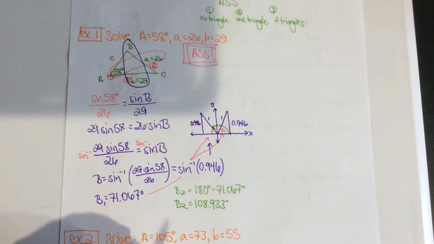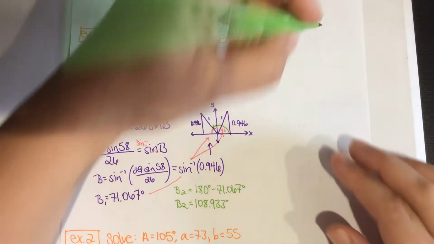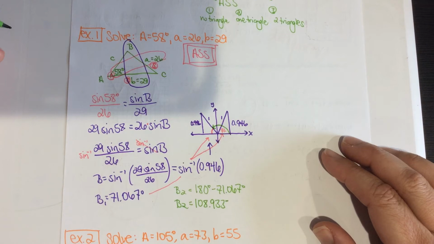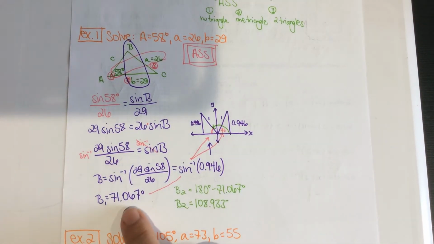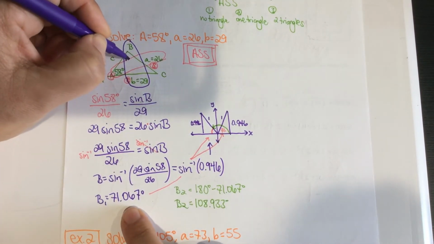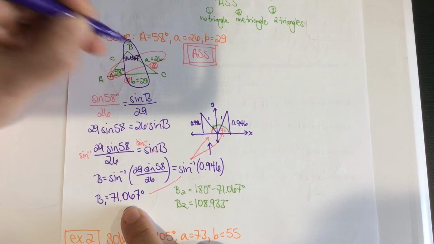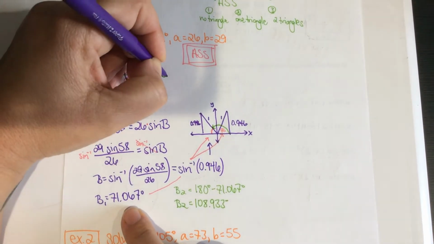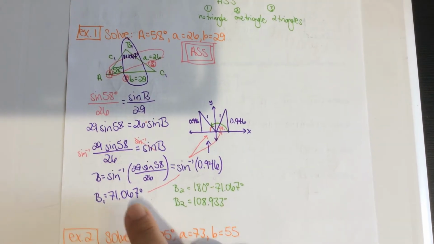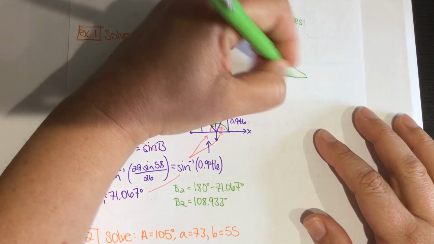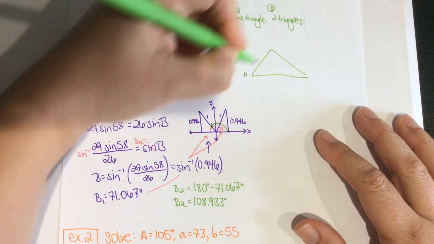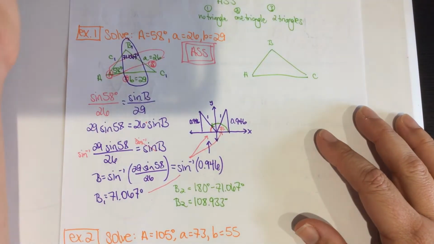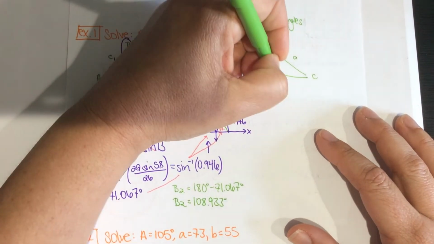So I'm going to draw a second triangle. I probably should have left more space over here. So this 71.067 is the B in my first triangle. And the C and the C are going to also be in my first triangle. My second triangle still has all of the given information.